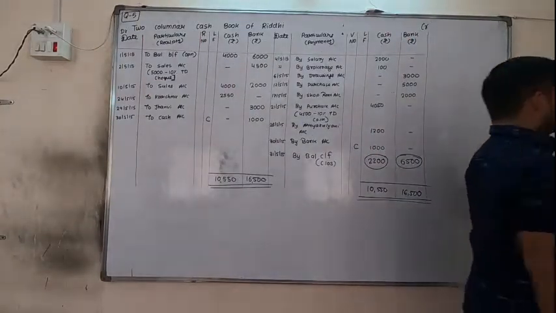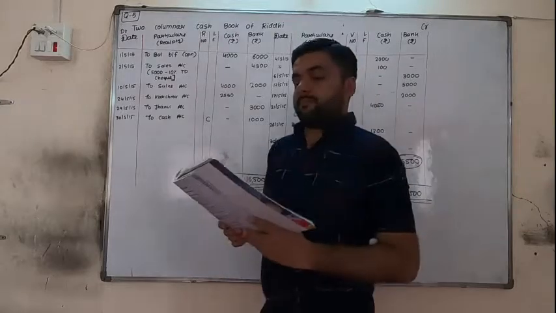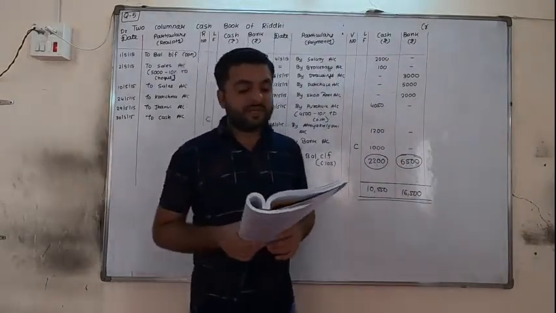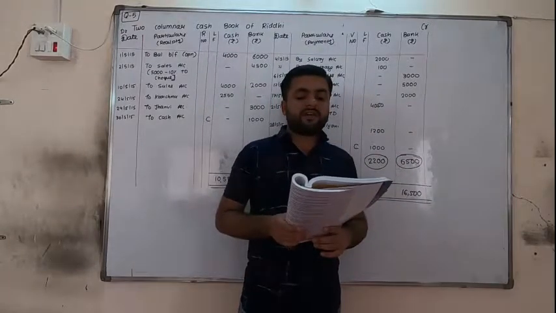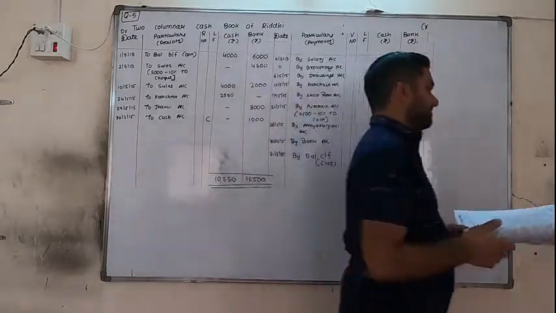Sum 6. From the following transactions, prepare cash and bank columnar cash book in the books of Bhagwati Traders.